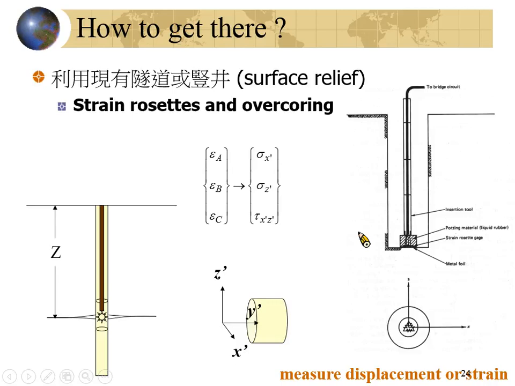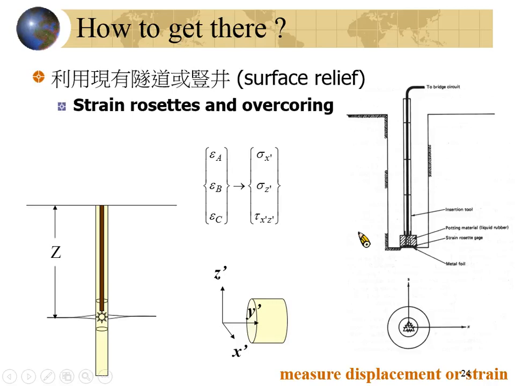So after you put the strain gauge like this, then you will drill a borehole here. Can you understand this figure? This will be the borehole like this one. And you will put your strain gauge here. And you will drill a borehole here.